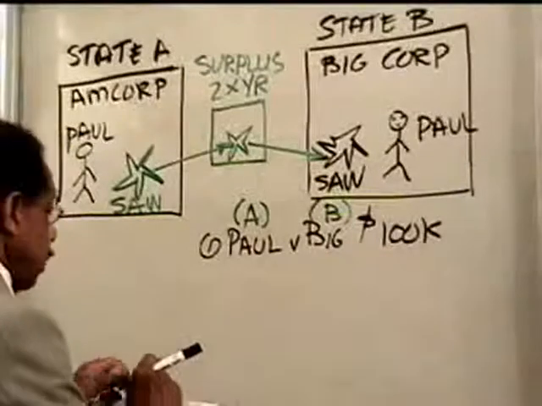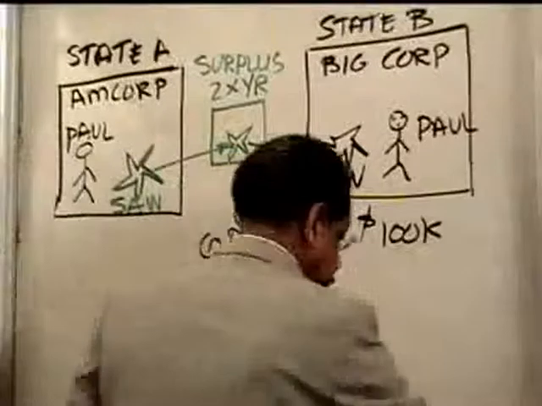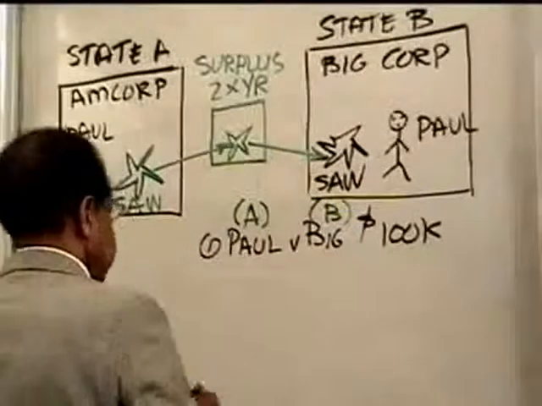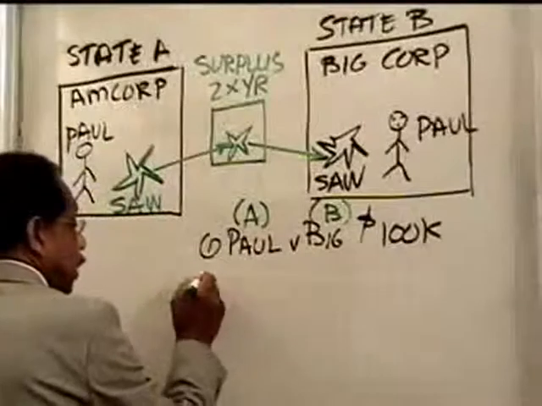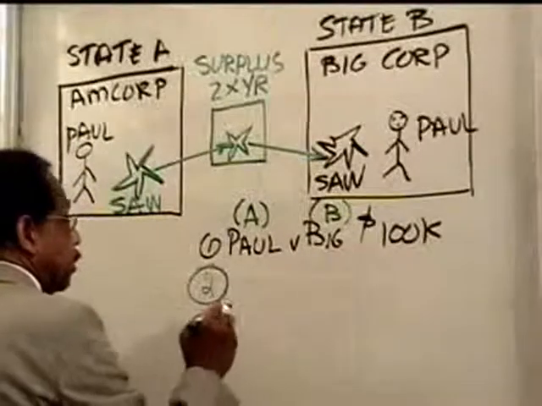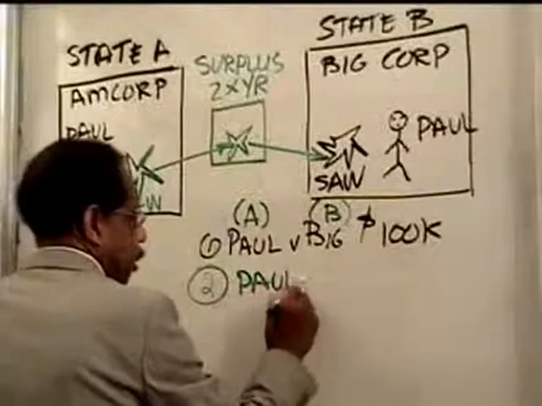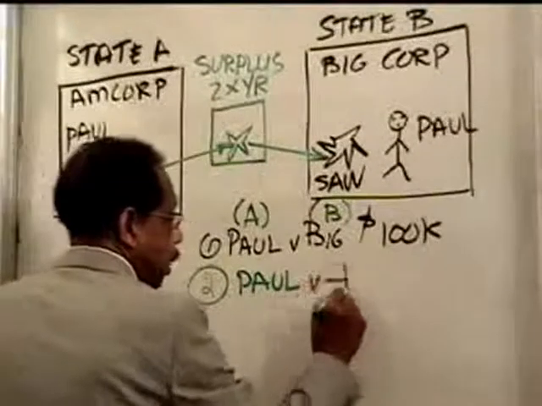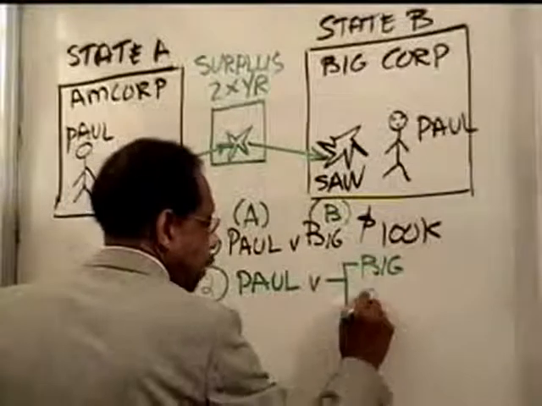So the second thing that happened here is, let's put this in a different color so we can follow it easily, Paul wants to sue 2 people now. Wants to sue BigCorp and Amcorp.